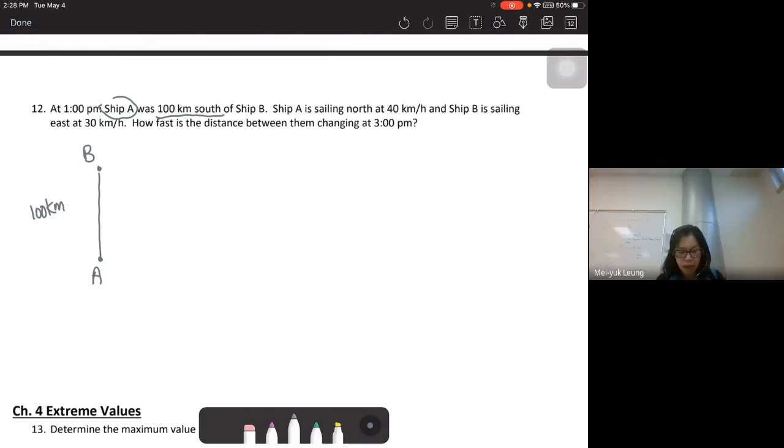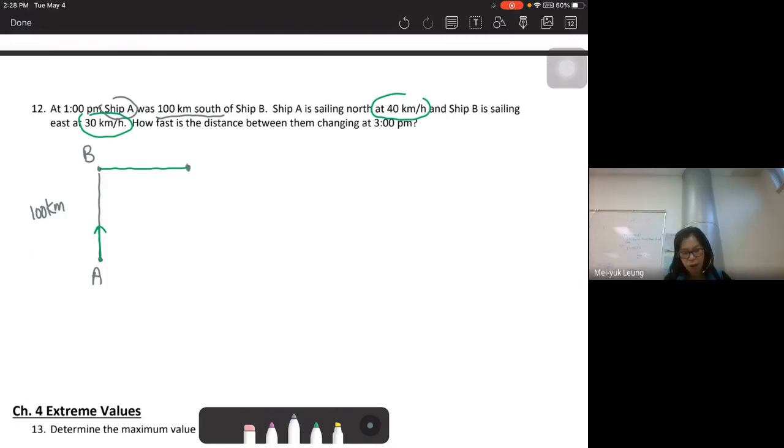Ship A travels north at 40 kilometers per hour, and ship B is sailing east, in this direction. How fast is the distance between them changing at 3 p.m.?